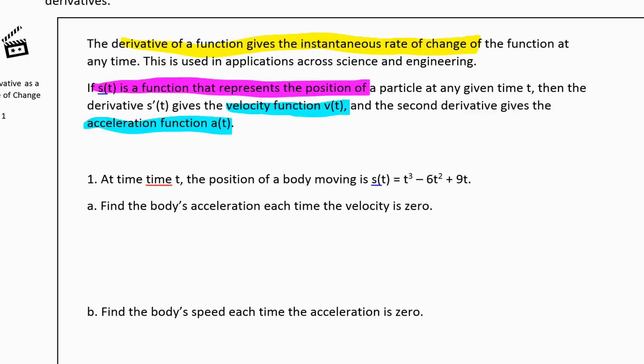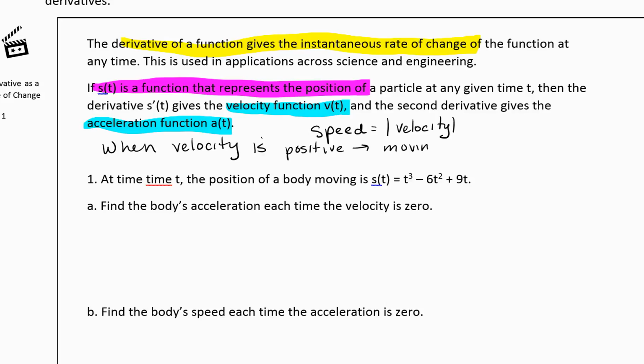One other thing that we should point out here is that speed is the absolute value of the velocity. So speed is how fast you're going. Here, things that you should know: when velocity is positive, greater than 0, you're moving forward at that speed.